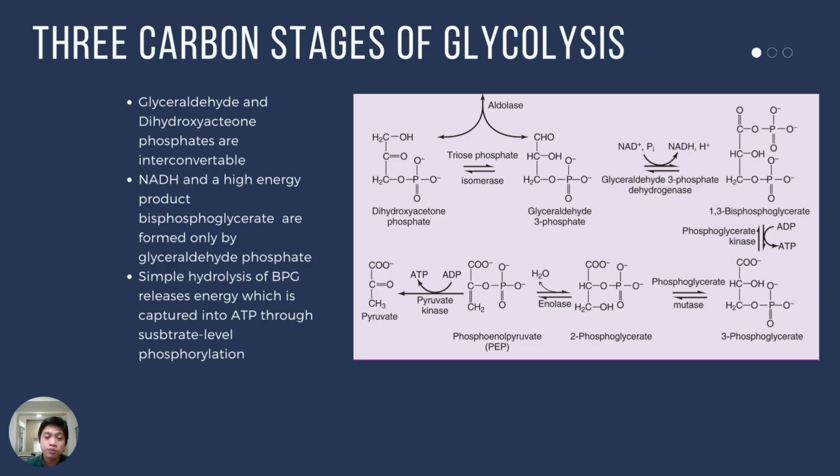The next step would be the oxidation of glyceraldehyde 3-phosphate. And this is via the reaction catalyzed by a dehydrogenase enzyme. And that dehydrogenase enzyme, by its name, removes a hydrogen group and transfers that hydrogen group to NAD, forming reduced NAD or NADH. Because of that removal of hydrogen, there will be a highly energetic bond formed.